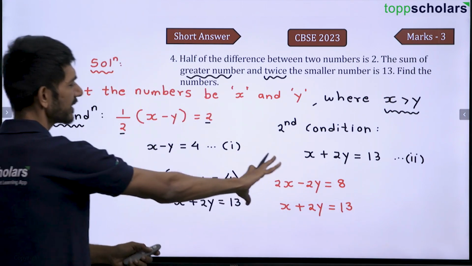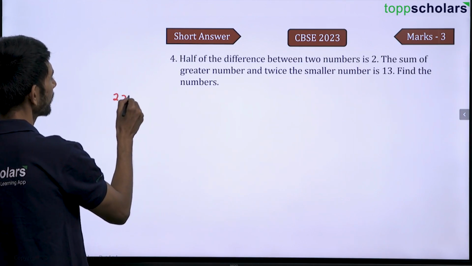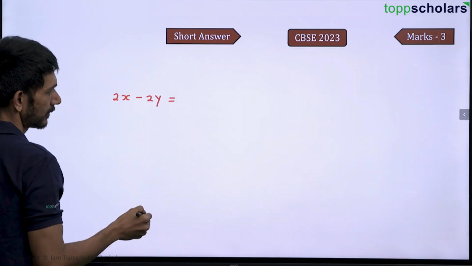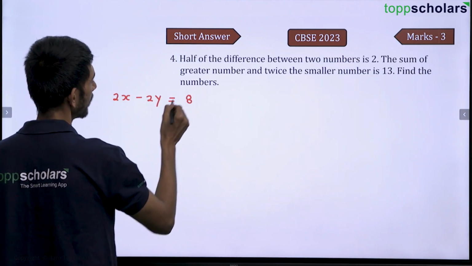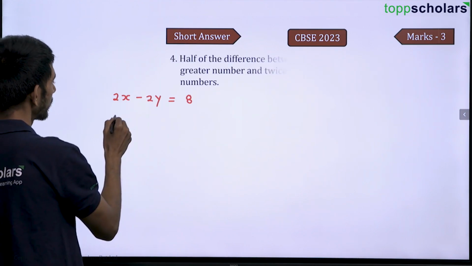So let me copy the same equations on the next slide. So I have 2x minus 2y is equal to 8, and I have x plus 2y is equal to 13.